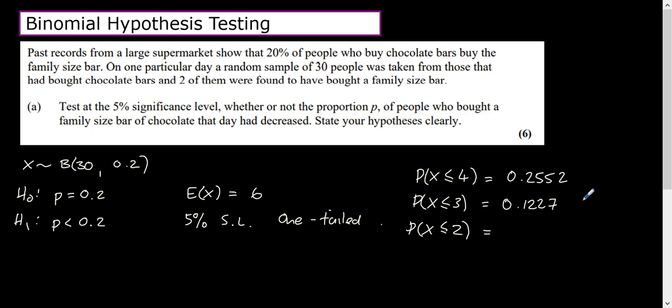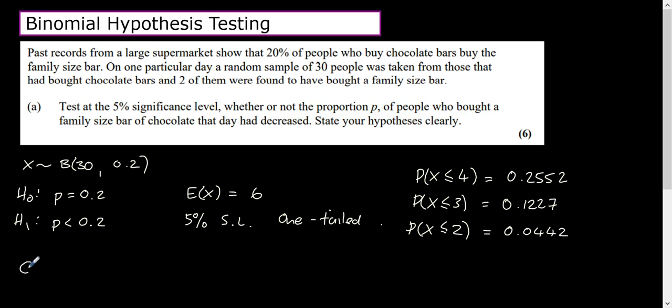Again, bigger than 5%, but we are getting closer. Change it to 2. 0.04418. Again, all of these to 4 decimal places. And we have found one that is less than 5%.